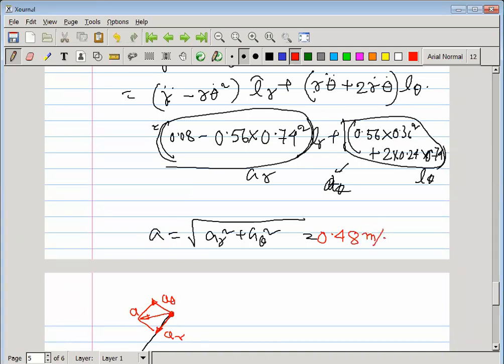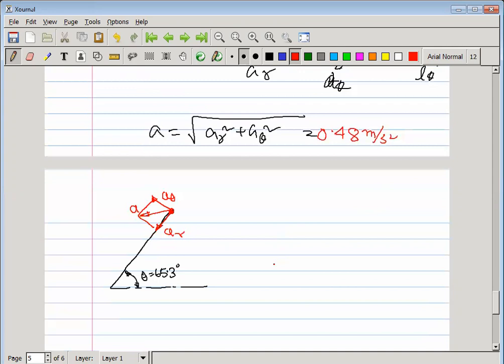So this is the case: as per the question, at time t equal to 3 seconds, what should be the velocity and the acceleration of the slider.